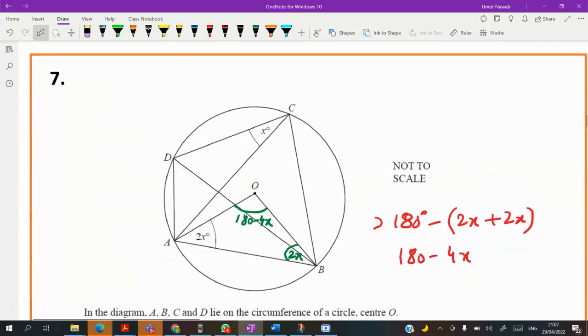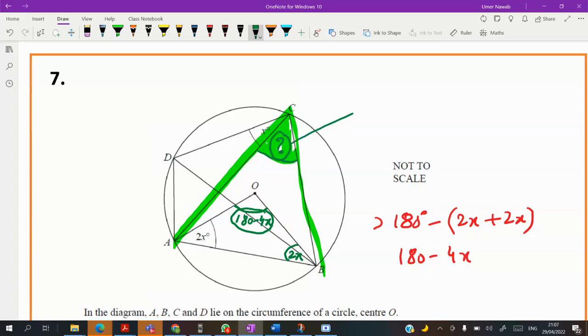Now we want angle ACB. Where is ACB? ACB, the letter C at the circumference. So we want this angle. You remember, boys, the relationship of the angle at the center and the angle at the circumference by the same arc. The circumference angle is always half. So 180 minus 4x divided by 2.